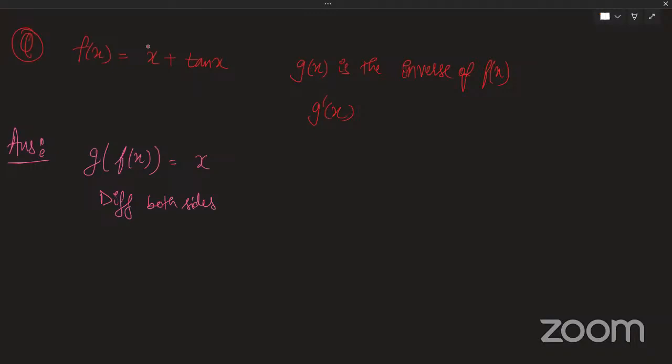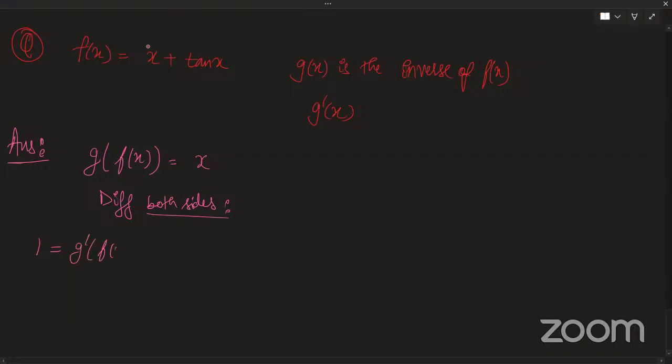Right? I differentiate both sides. If I differentiate both sides, what will be my derivative of the left hand side? Okay, so first the left hand side: g of f of x. What is the derivative of g of f of x? Think again. g dash of f of x.